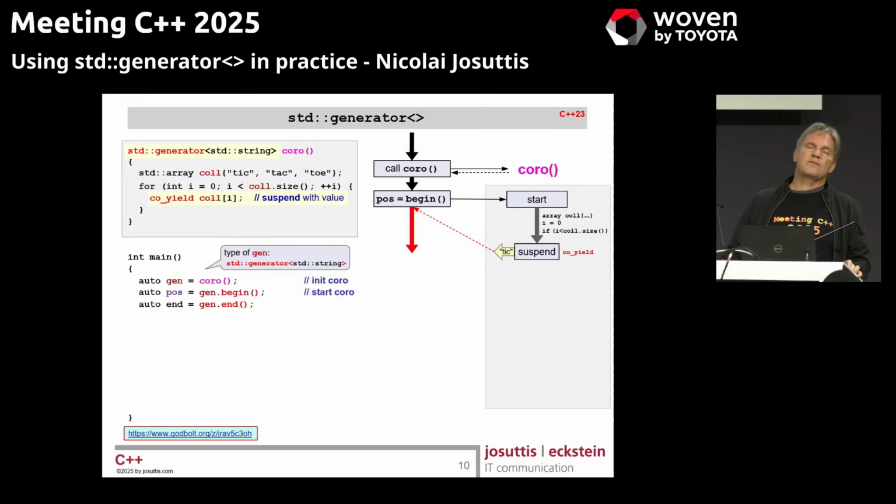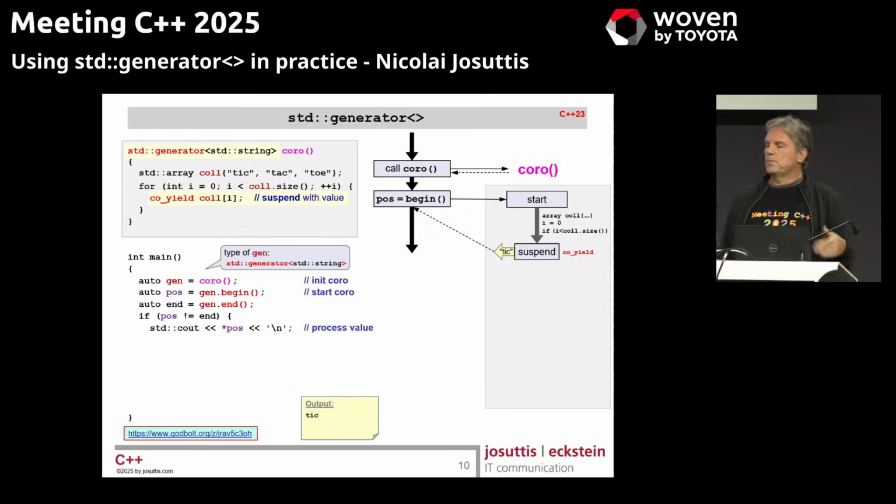So we initialize an end iterator the same way, and then we do the usual things as we do in the loop. We check, are we at the end with the iterator? If not, we have a value that was yielded. And with star, we go to that value. In this case, we take the value and print it out.